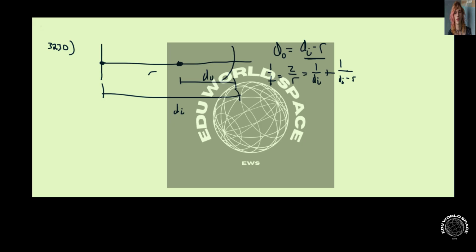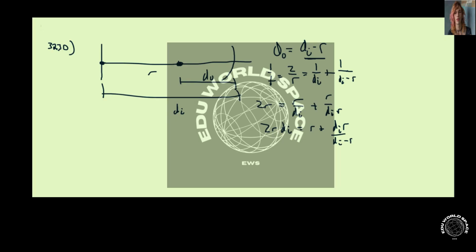Cool. So now let's go ahead and simplify this by multiplying everything by r plus r over di minus r. Now we can multiply everything by di. Cool.